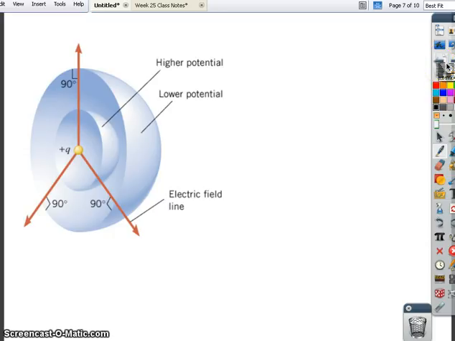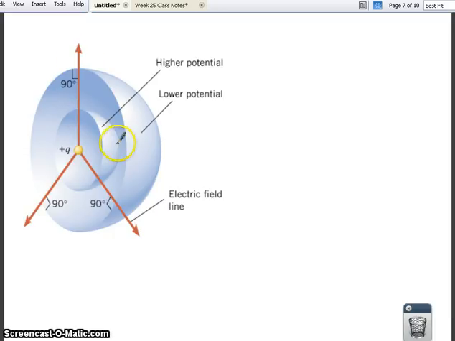Our next characteristic, these red lines here. Here's our equal potential surface again. These red lines are all perpendicular to the equal potential surface.